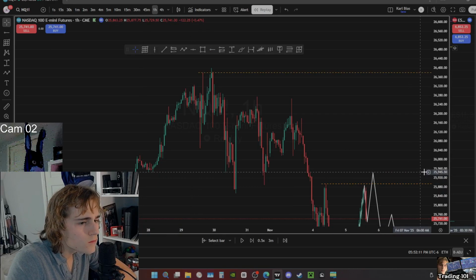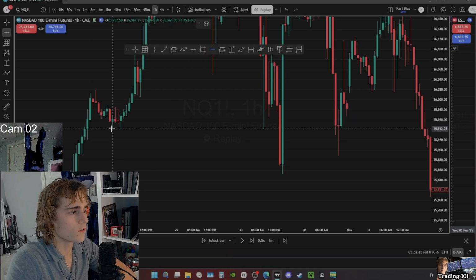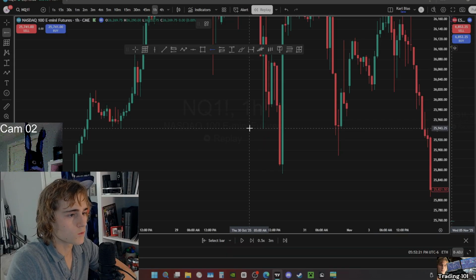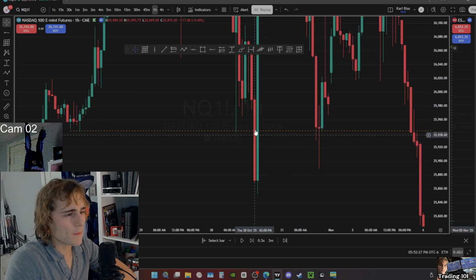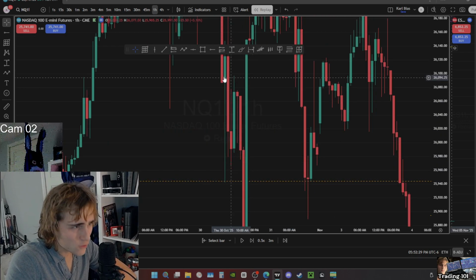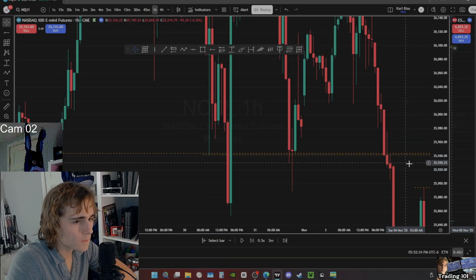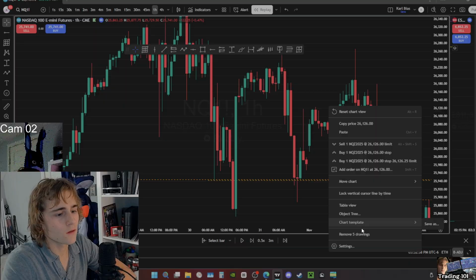Sometimes you need more than a sweep. So we swept these lows, barely going over. We kept going back down after we went up a little bit, but then we swept the rest of it. And then we went all the way back up.